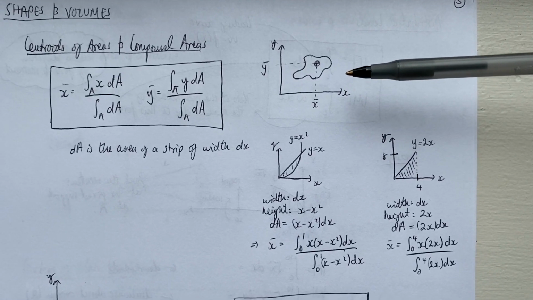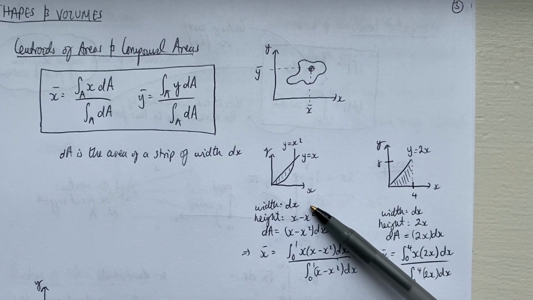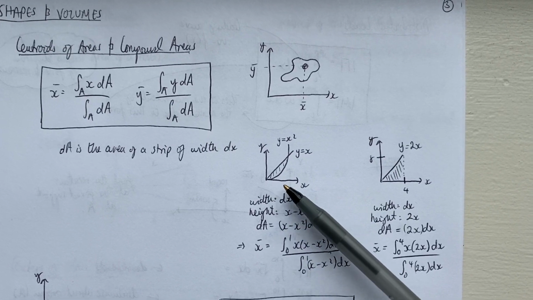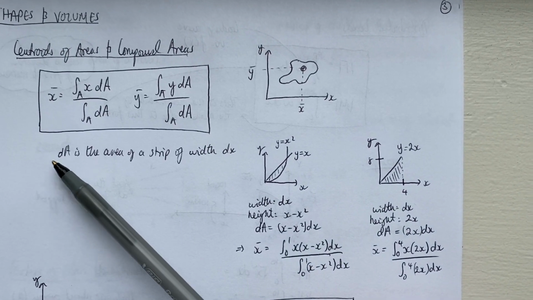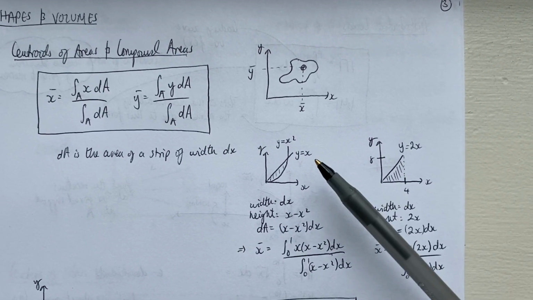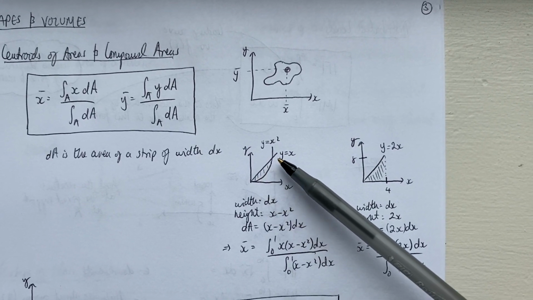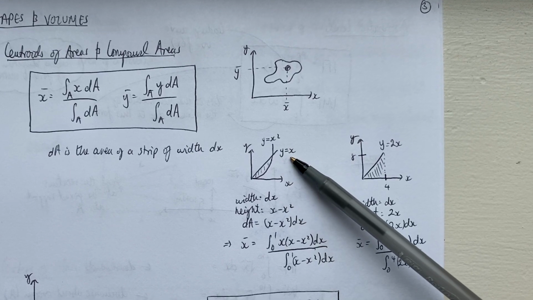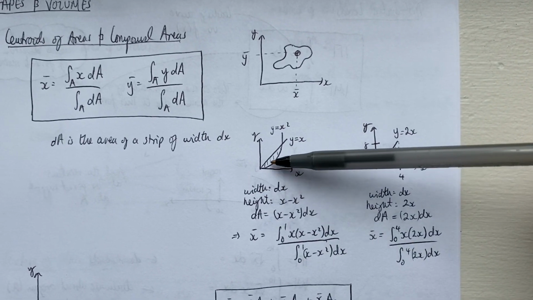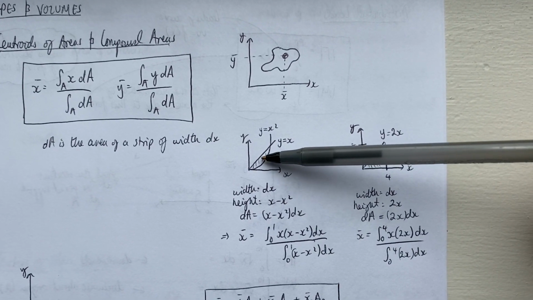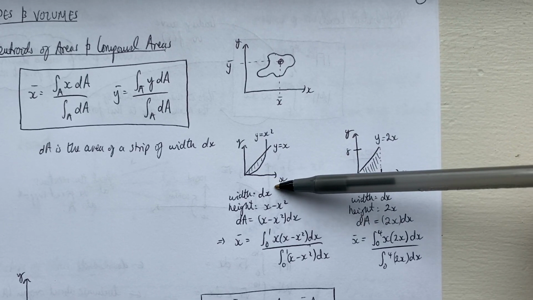So what we did in class, we looked at a couple of examples. I'll remind you of how to find this quantity dA with these little examples here. So we have the area bounded between the lines y equals x and y equals x squared. Well, what happens when we split it up into little strips of width dx?